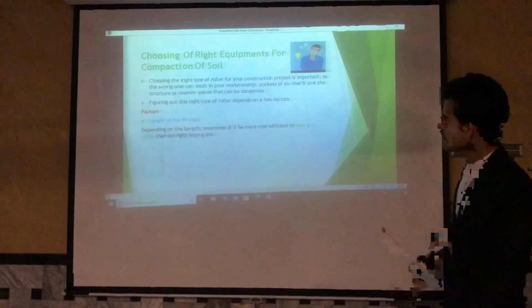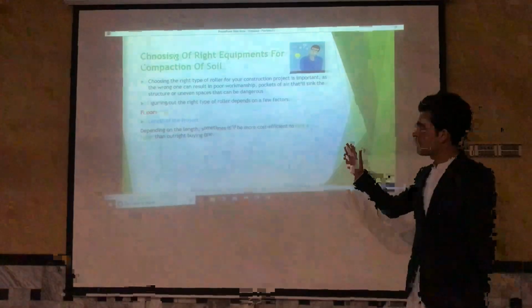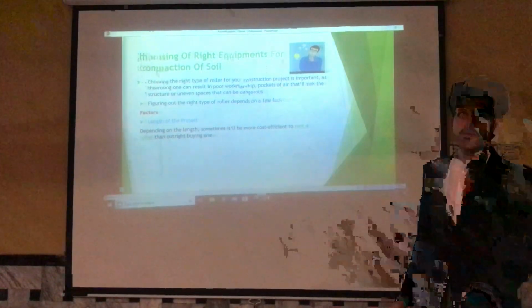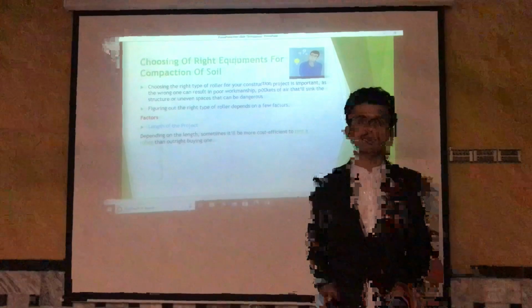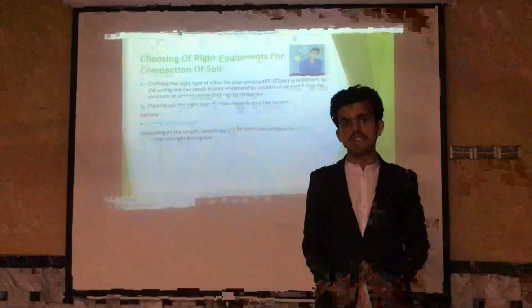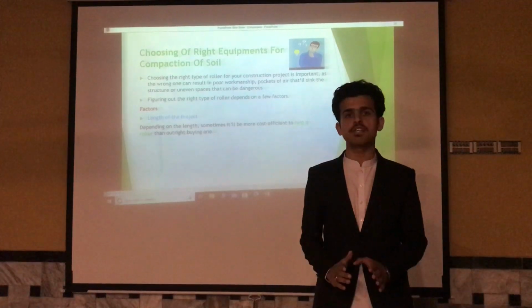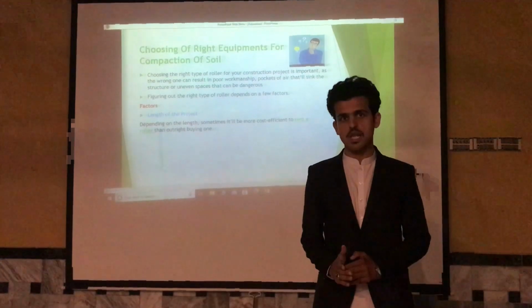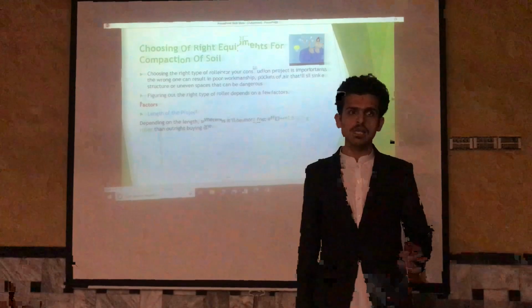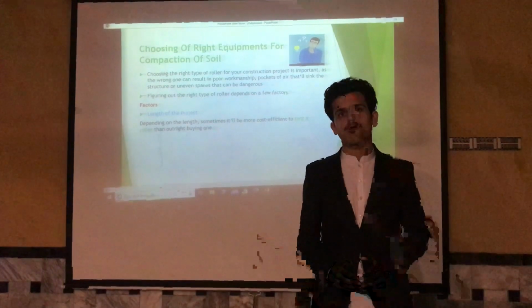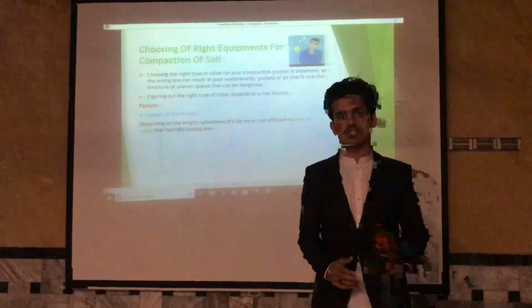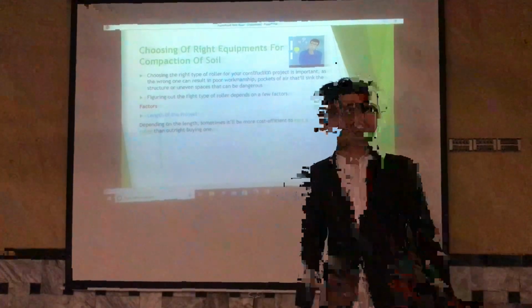Next. Choosing the right equipment for the compaction of soil. This is most important in most cases: you must have good knowledge about all the equipments, project details, and each and everything you can consider first, and then you have to choose which type of equipment is good for your project.